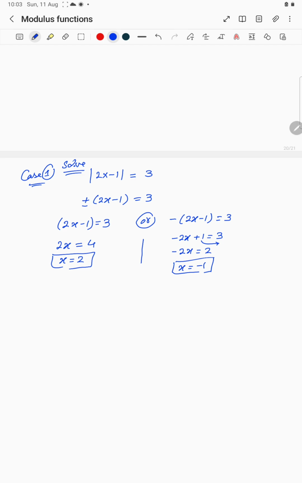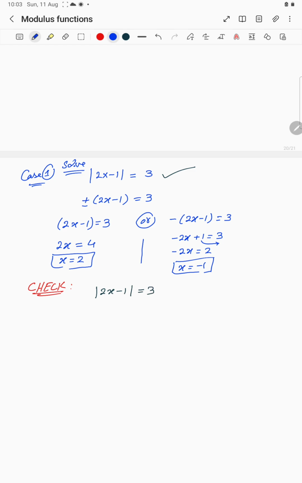But here, don't finish your answer. For every modulus question, you must make a check before finalizing your result, to see whether your answer satisfies the given equation. Whatever solution you get, you must put it in the original function. Here the original function is |2x minus 1| equal to 3.